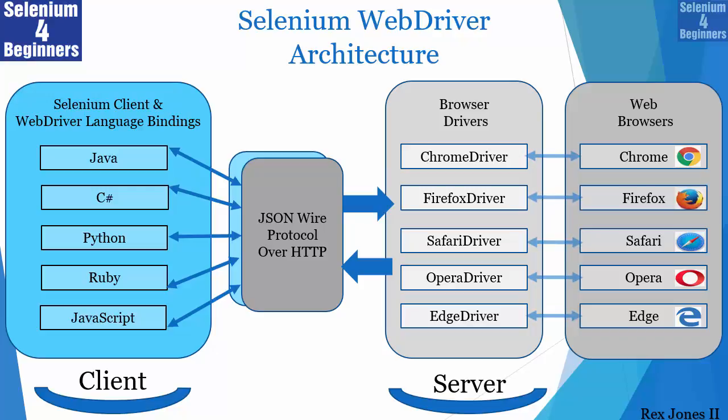Whether our test script passed or failed, the web browser returns a response back to the browser driver. The browser driver sends that same response back to the JSON Wire Protocol and eventually to the client. If the action fails, then an exception shows up in our IDE.